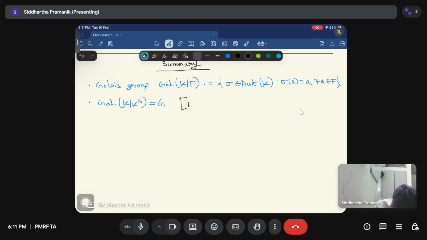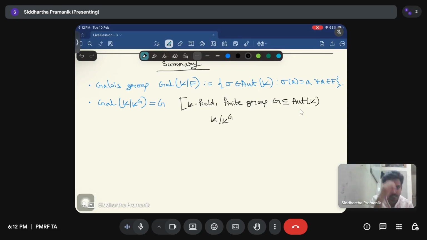You start with a field K, you take a finite group G which is a subset of the automorphism group. Then you have this extension K over K_G, where K_G is the fixed field of the group G. Then you see the Galois group of this extension. Then it is the same as this group G.